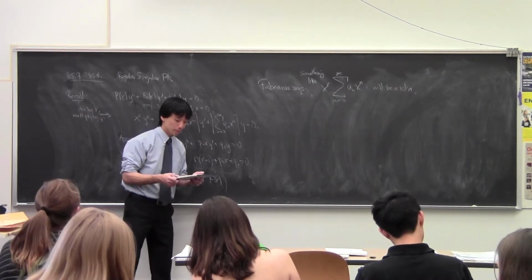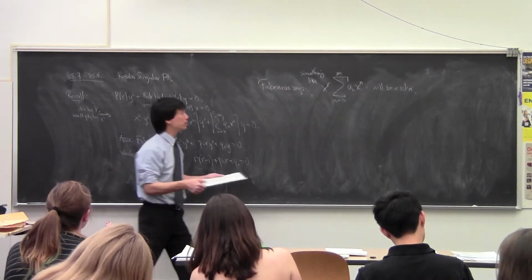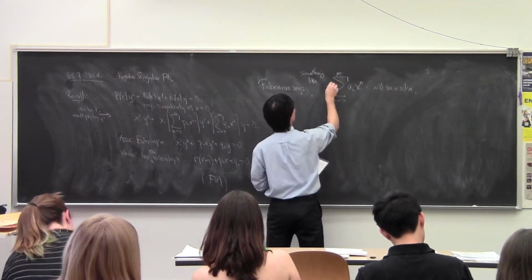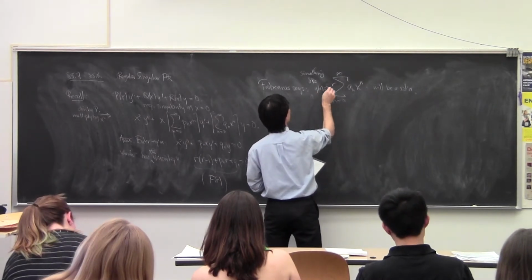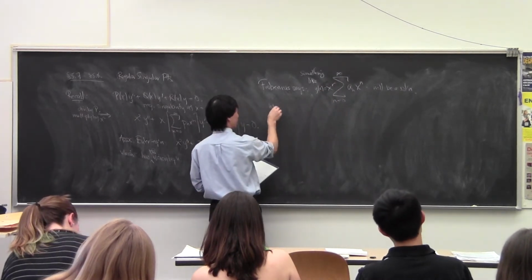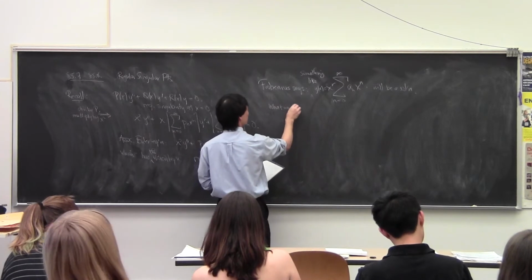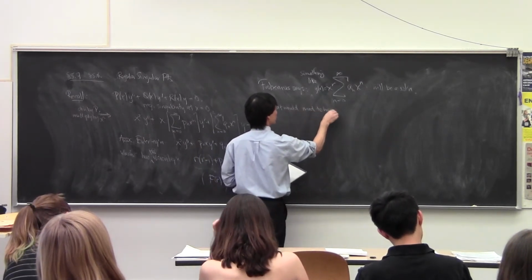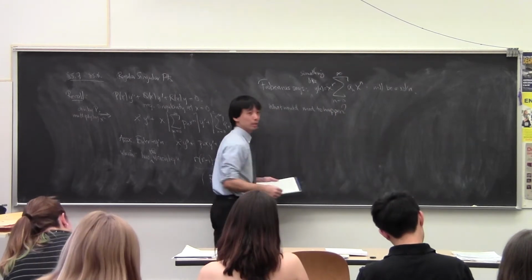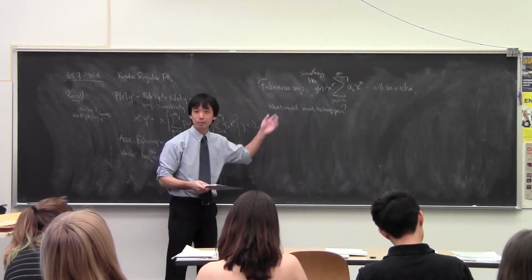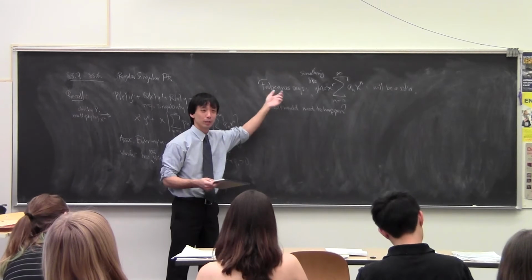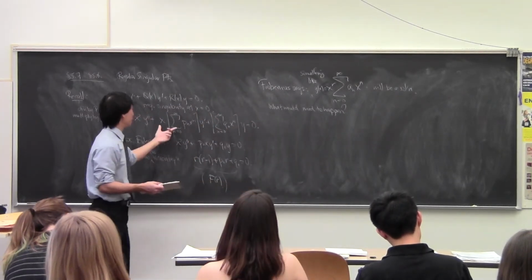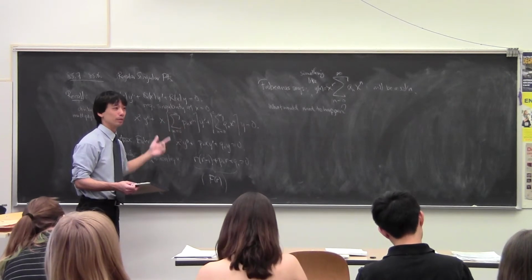And so let's see what would need to happen for this thing to be a solution. We just play the same games as before: we differentiate, we plug this thing back into the equation and see what falls out.